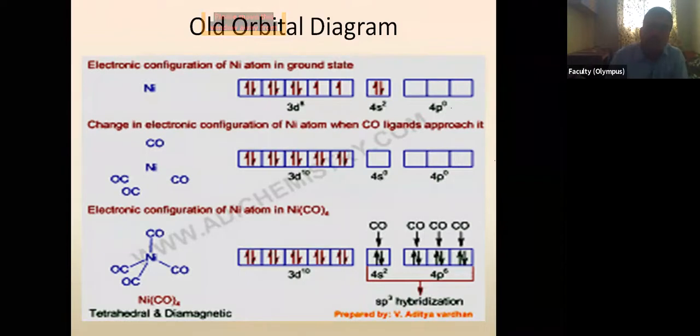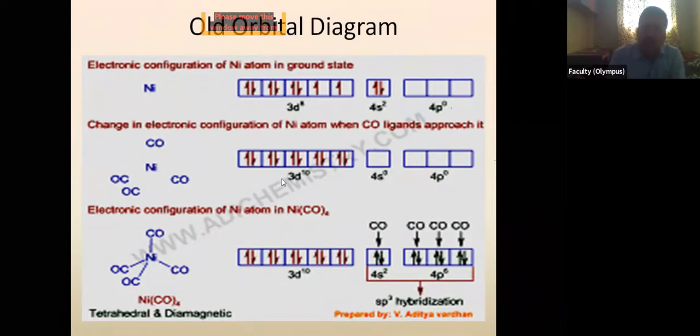Here in nickel tetracarbonyl, this nickel is in zero oxidation state. So in the excited state also, these two electrons from 4s will not be removed. Generally, when we look at complexes, nickel plus 2 loses 2 electrons from 4s and then there is hybridization. But here nickel is in zero oxidation state.